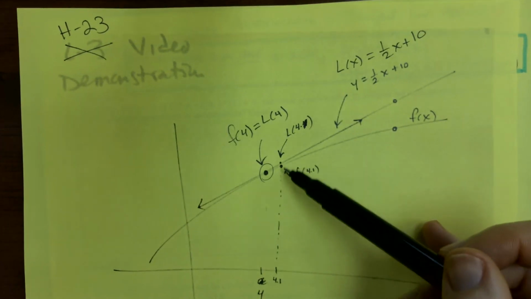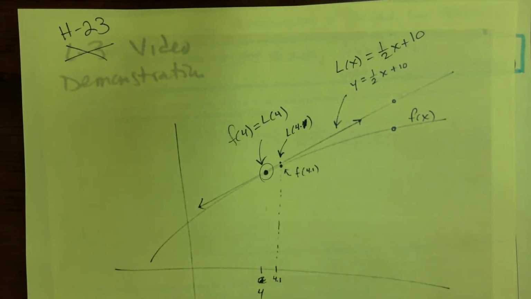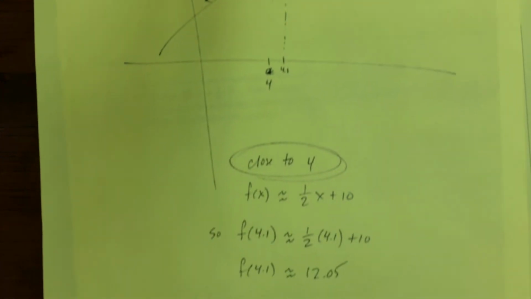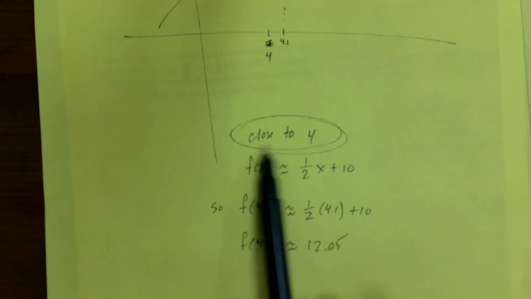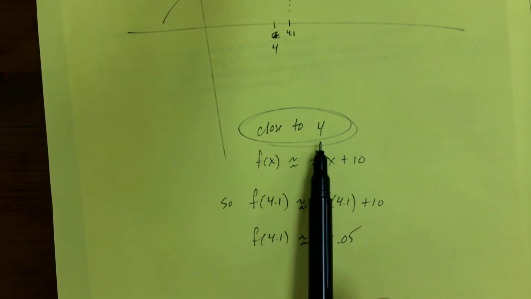You could see that they're not the same. f of 4.1 is not equal to L of 4.1, but they're close.